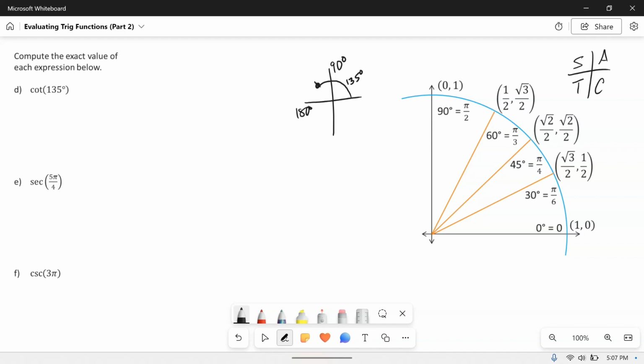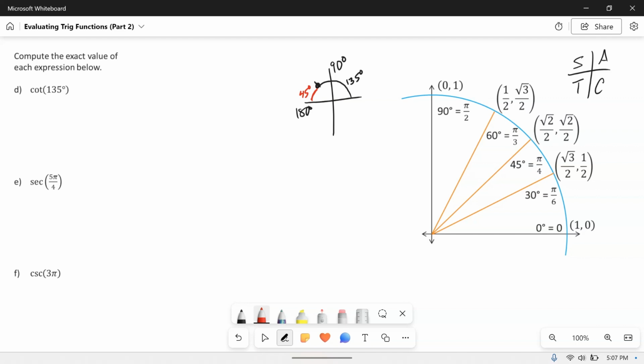And we need to find its reference angle. So the distance from 135 to 180, if we subtract that, we're going to get 45 degrees. So 135 degrees is in the second quadrant, and it has a reference angle of 45.